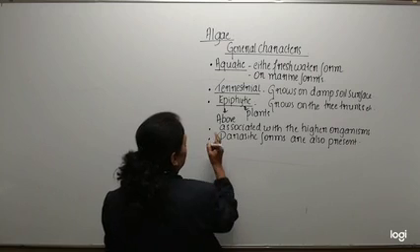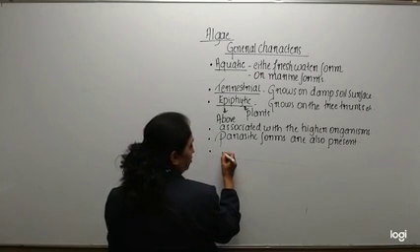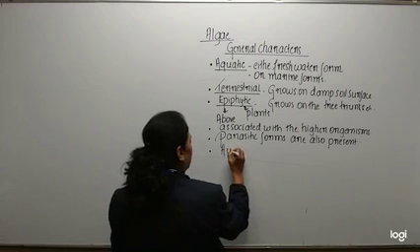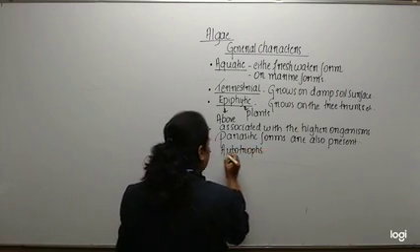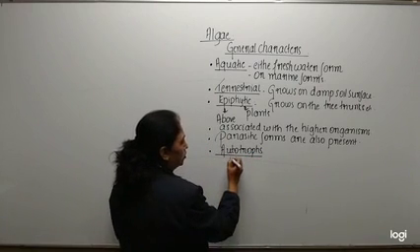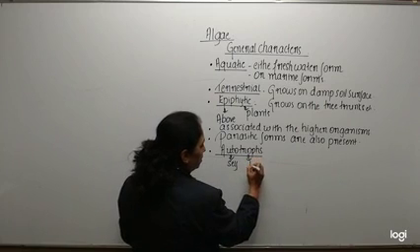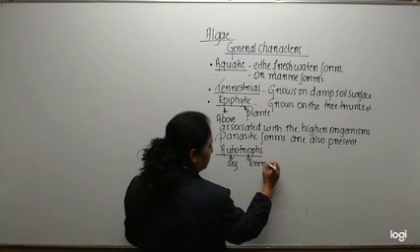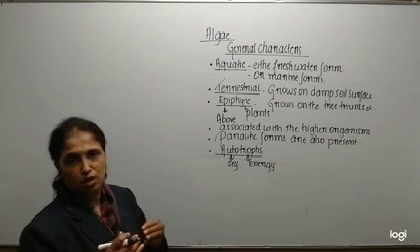When it comes to the next one, these are called producers, or I'll mention, these are called autotrophs. Auto refers to self. Trophic refers to energy. They can synthesize their own food. They can synthesize their own energy.